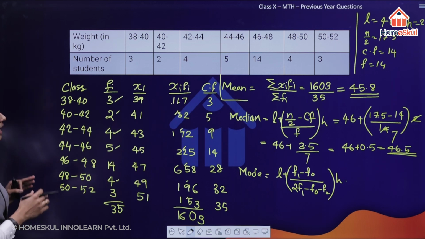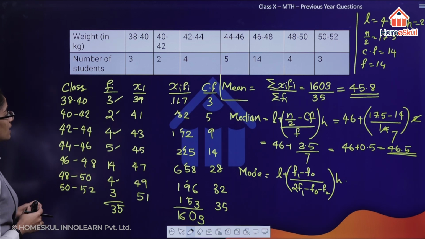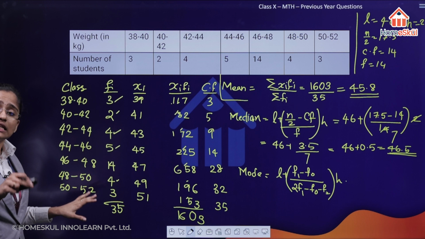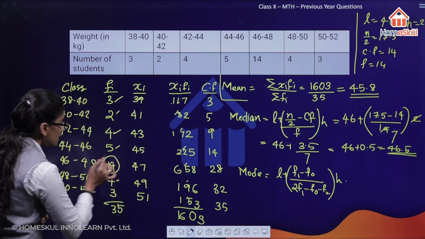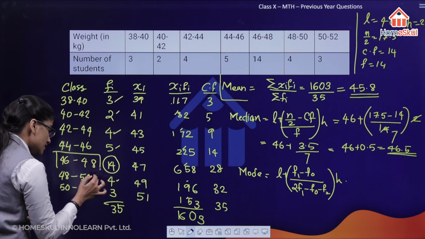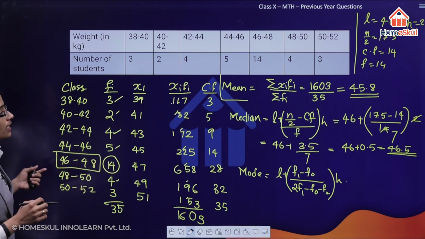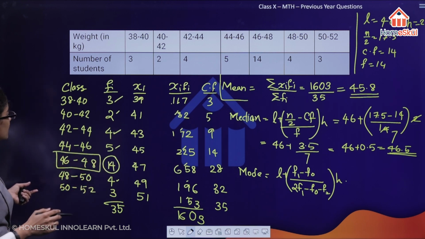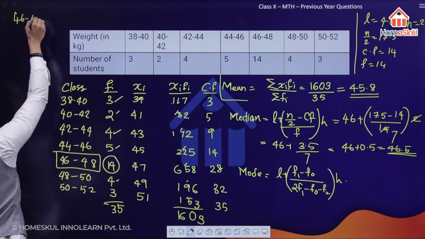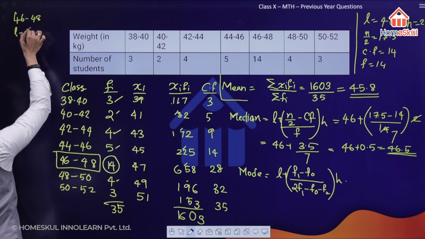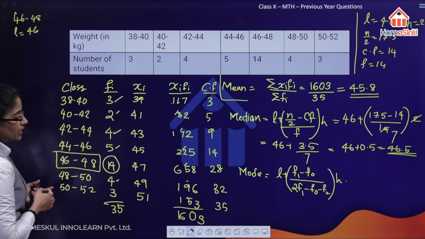So here, how will we find out the modal class? The class having the highest frequency is the modal class. So among these, this is the highest frequency, isn't it? That means the modal class is 46 to 48. There, L is equal to 46, the lower limit of the modal class.